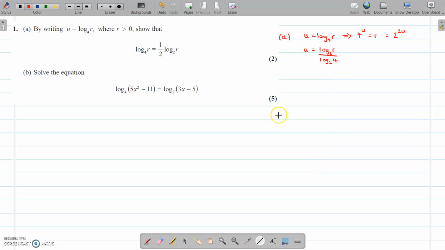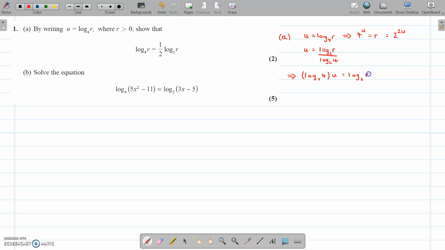All right. So that follows then from there that if I multiply both sides by log to base 2 of 4, okay, I can say that u times the log to base 2 of 4, okay, or log to base 2 of 4 times u is going to give me log to base 2 of r.